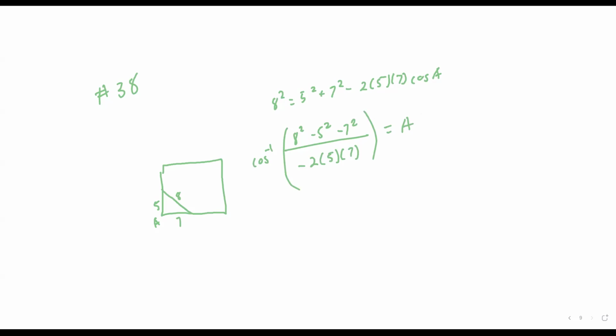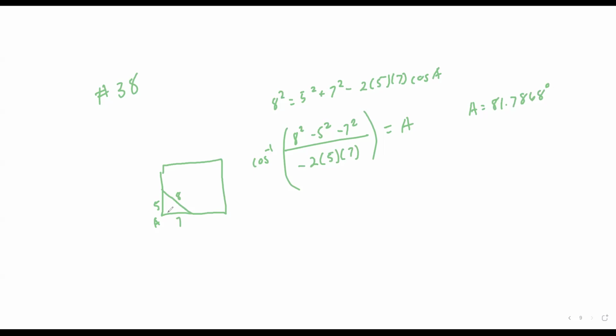We'll do trig, cosine inverse, control, divide: 8 squared minus 5 squared minus 7 squared, and then it'd be negative 2 times 5 times 7. And so I get A equals 81.7868 as my degree. All right, so there's my angle A.